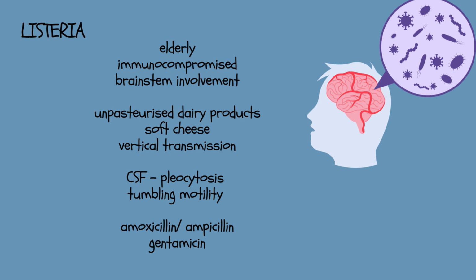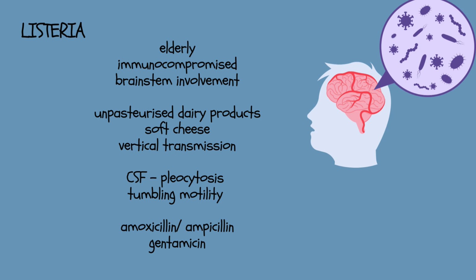Coming to listeria. Listeria is a causative agent of meningitis, especially in the elderly and immunocompromised, and there is brainstem involvement. So if the question mentions meningitis with brainstem involvement in an elderly or immunocompromised individual, think of listeria.